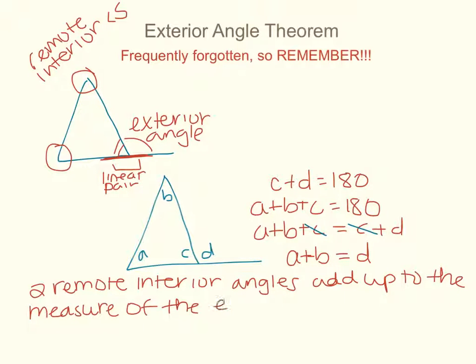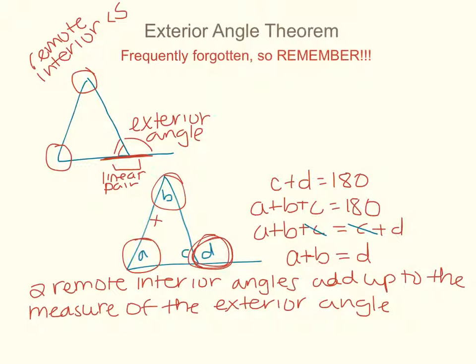That's saying that A plus B are the two remote angles, and if we add them up, we get the measure of the exterior angle.